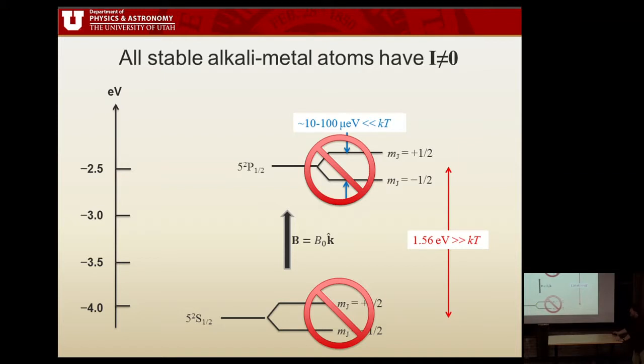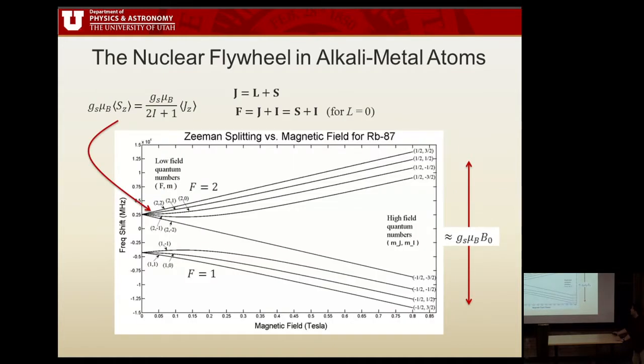In rubidium, it depends on the isotope, but in our favorite isotope, rubidium-87, it happens to be spin 3/2. And if it's spin 3/2, recall that when we add angular momentum in atoms, J is the total and it's L plus S. Now I'm telling you L is 0. I'm dealing strictly with the ground state. Okay?